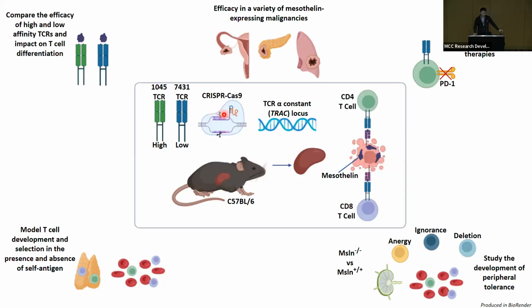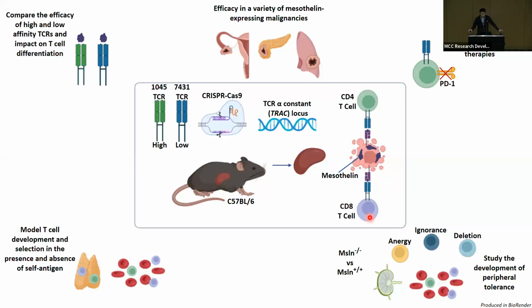And we use CRISPR-Cas9 to insert that into a very specific location in the mouse genome called the TRAC locus, or the TCR alpha constant locus. And what that ultimately results in is a mouse that produces almost a pure population of our specific TCR expressed on CD8 T cells.